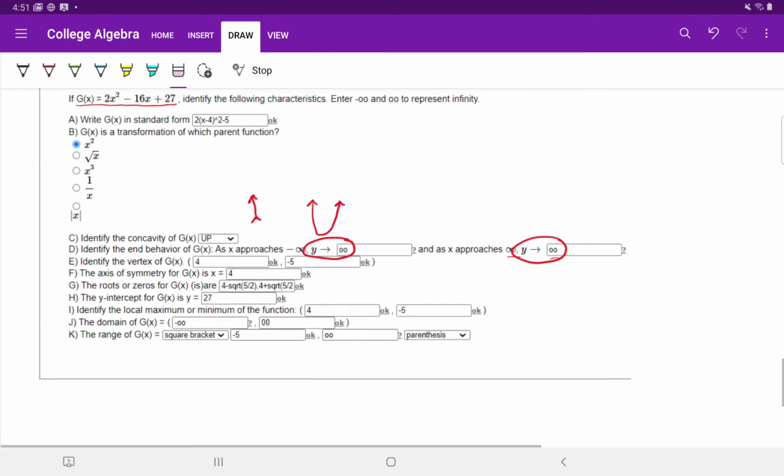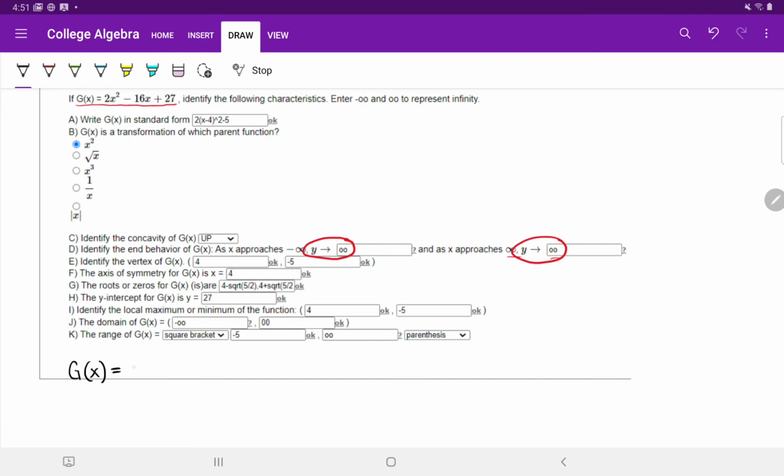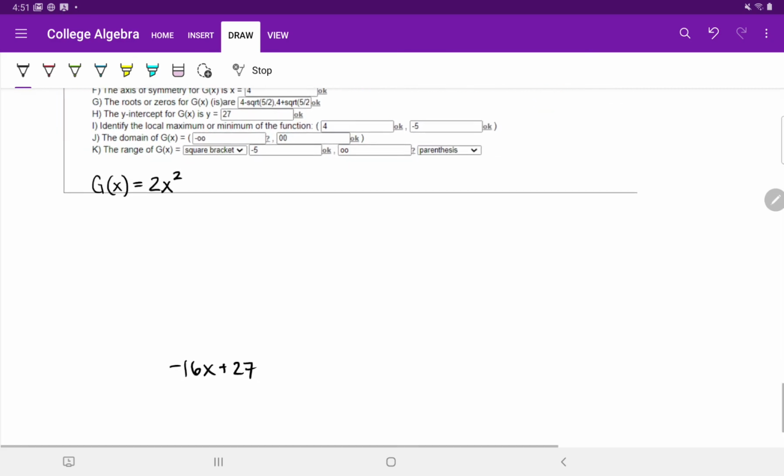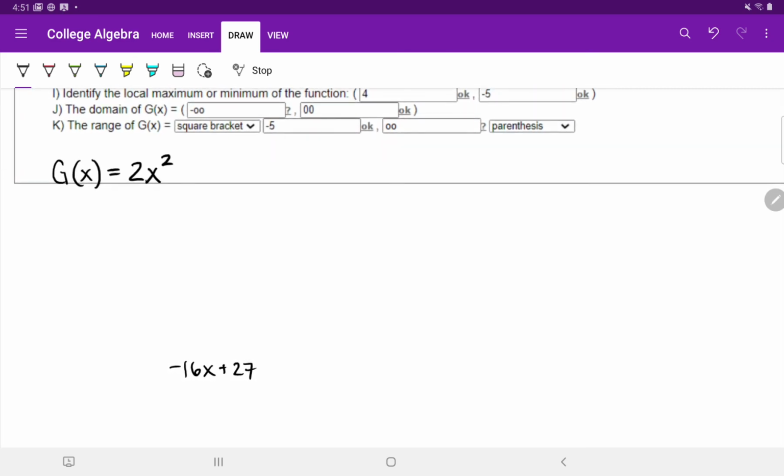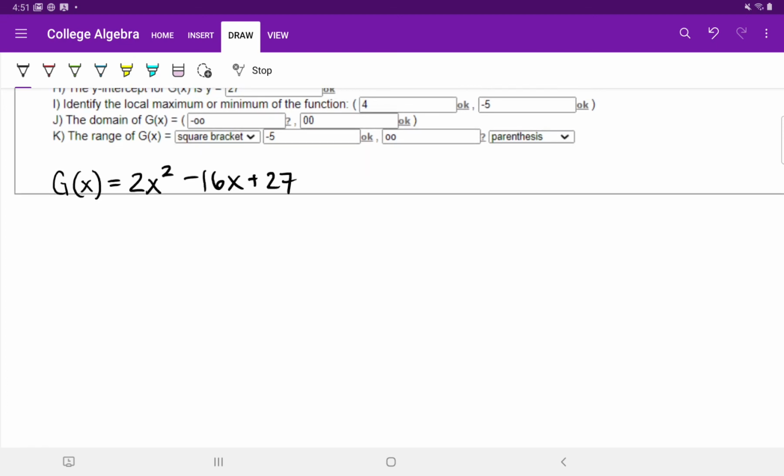So let me get this copied down. We've got g of x equals 2x squared minus 16x plus 27. Okay, I'm going to make some space here. The first thing we need to do is copy the problem down.